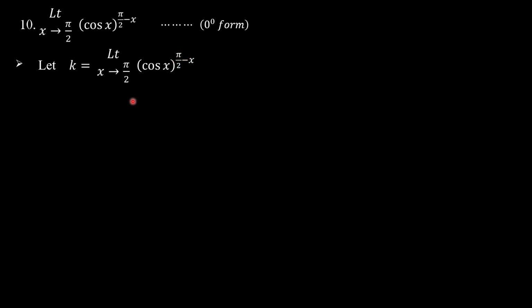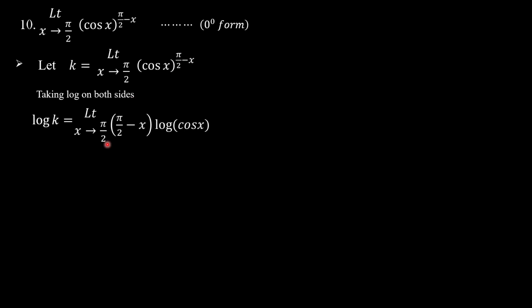Now take log on both the sides, that is log k is equal to limit x tending to pi by 2 of pi by 2 minus x into log of cos x, or I can write it as limit x tending to pi by 2 of log of cos x divided by 1 by pi by 2 minus x.